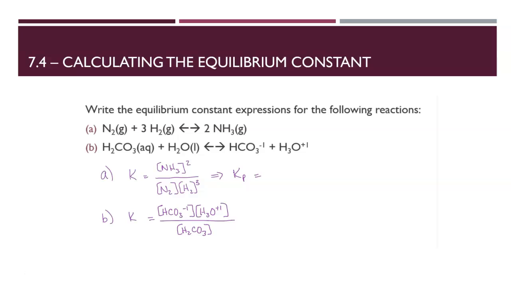In that case, we would be looking at the pressure of NH3 squared divided by the pressure of N2 times the pressure of H2 cubed. So if you're working with gases, you can use partial pressures. If you're working with solutions, you can write your K in terms of concentration.